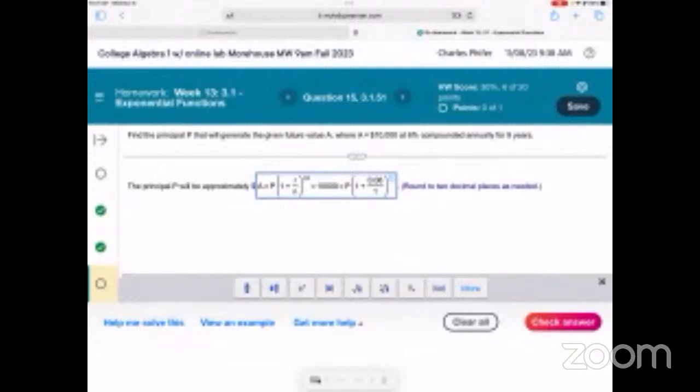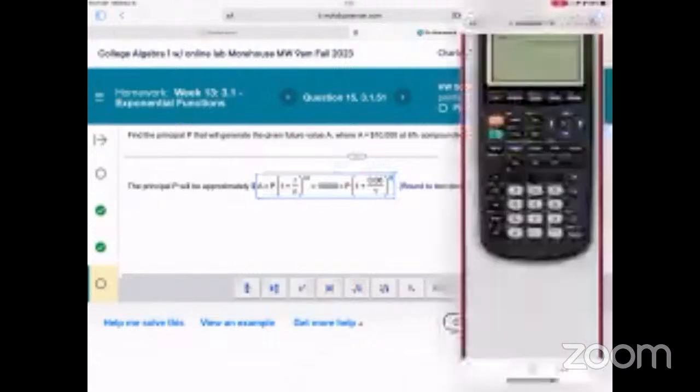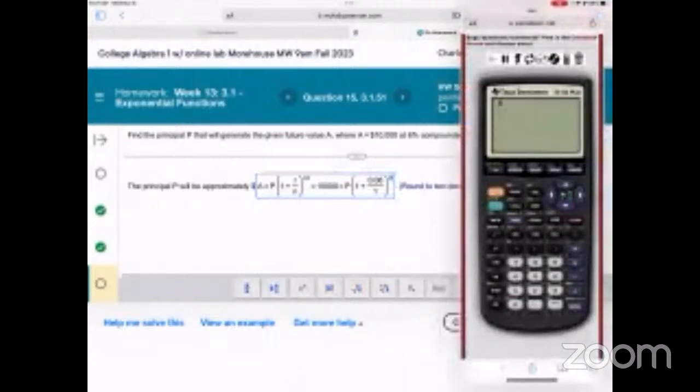Okay. So we're going to say 10,000 divided by that number. So let's do an open parentheses. I guess you can just do 1.06, close parentheses, hat, to the power of 9.